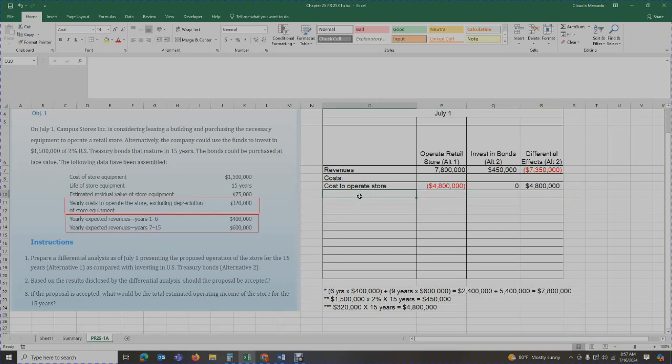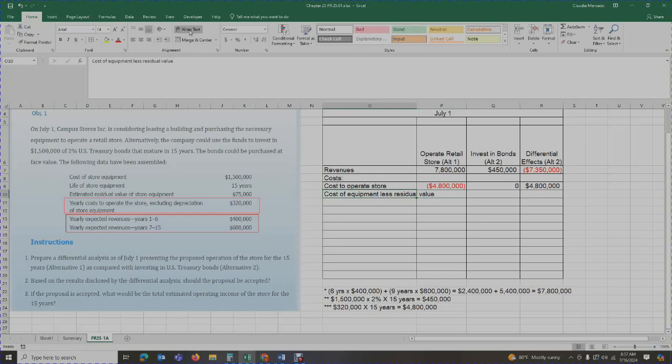Now there's one more thing that we need to consider for the operating of the retail store. We had to purchase equipment. That is just the operating cost. The $320,000 is operating cost, and it states that it excludes depreciation of the store equipment. So now we're going to do the cost of equipment less the residual value.